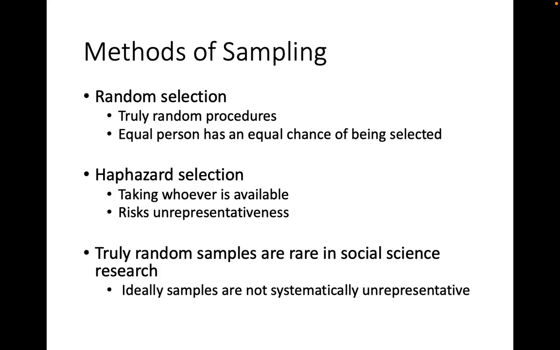So at best, a researcher tries to collect a sample that is not systematically unrepresentative of the population in any known way. These are very important issues, and there are more issues that are covered in a research methods class, but I certainly want to introduce them here on the topic of populations and samples.